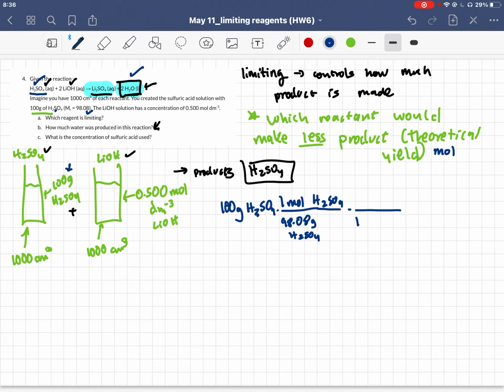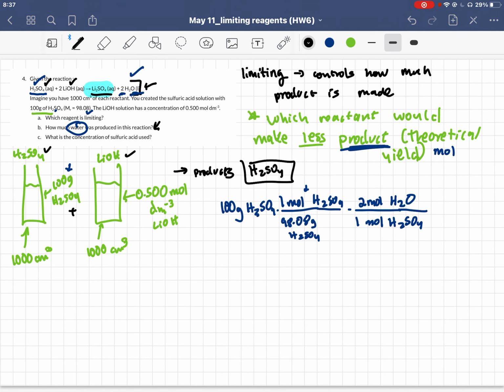To convert from one thing to another in a reaction, I use molar ratios. So I have moles of H2SO4 on top. That means moles of H2SO4 need to go on the bottom. Again, I'm trying to get into moles of water or whichever product, but I decided water was going to be the more useful product in this case. And I see that my coefficient is 2 moles of H2O.